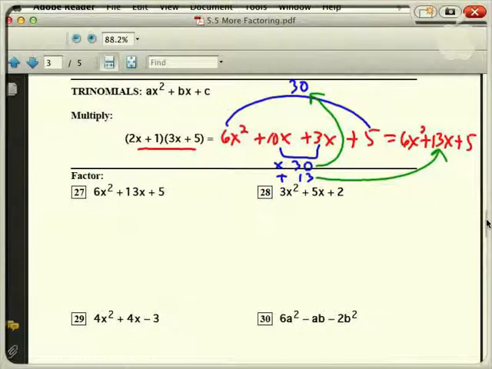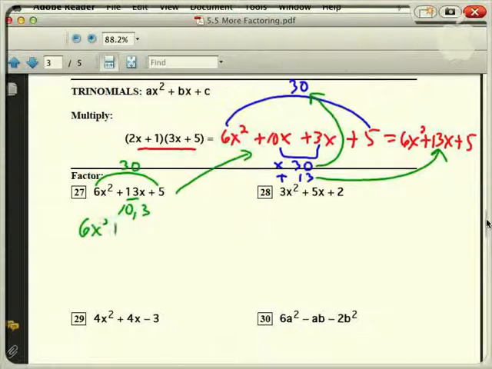You say, whoa, deep. Well, let me show you how this is going to work. We start by multiplying these two numbers, same problem. Now we're going backwards. And I'm looking for two numbers that multiply out to 30 and add up to 13. That would be 10 and 3. Remember, that's what we found up there.